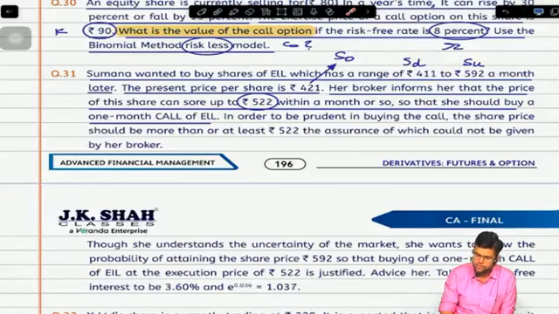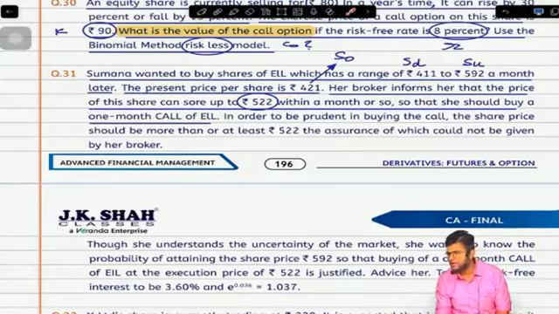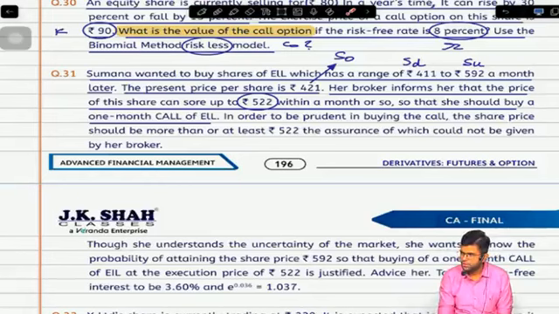So do you realize that if she buys a call option with a strike price of 522, and the actual share price goes above 522, she will gain in the call option?